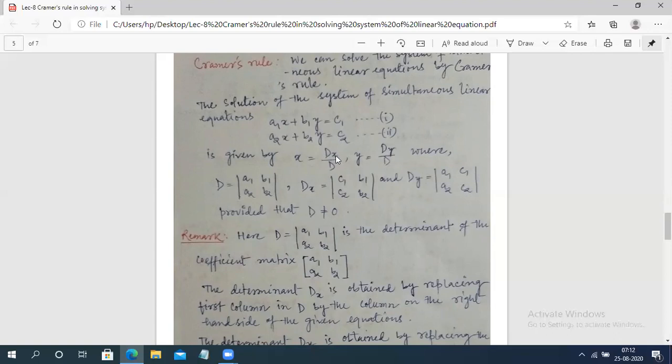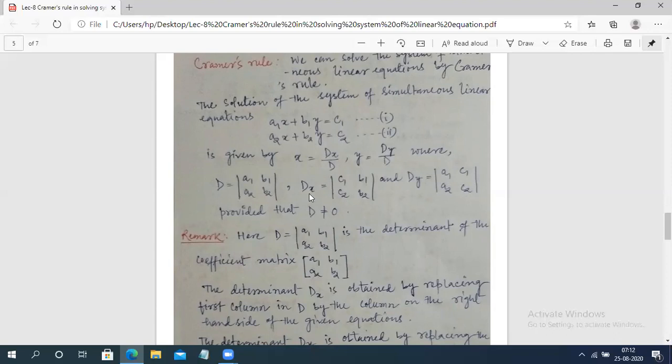But we are writing dx and dy, where d is the determinant of the coefficient matrix, that is, the determinant of the coefficients of x and y. The coefficient of x is a1, a2, so write the first column as a1, a2. The coefficient of y is b1, b2, so write the second column b1, b2. So this is the determinant D.